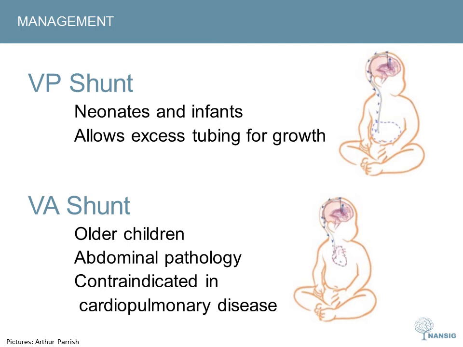The VA shunt diverts CSF from the ventricles to the right atrium. It tends to be used in older children who are beyond the maximum phase of growth or those with abdominal pathology. It is important to note that the VA shunt is contraindicated in cardiopulmonary disease. Ventricular pleural shunts are a less common alternative.